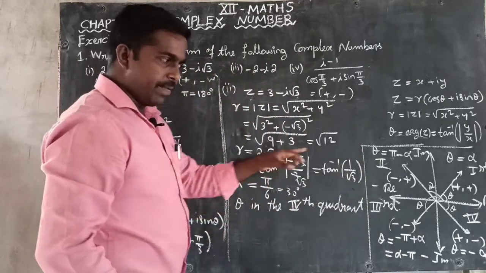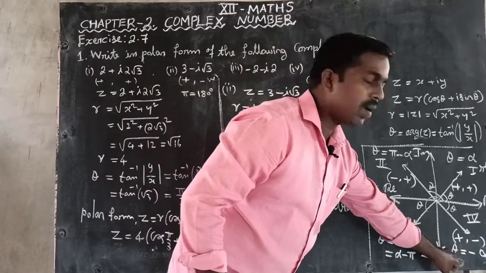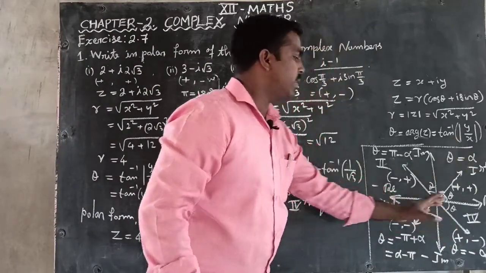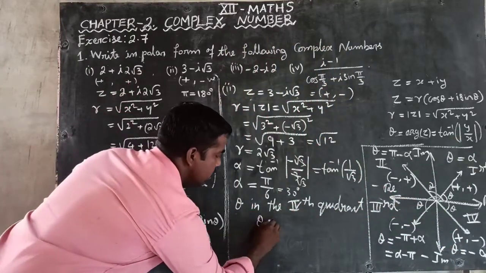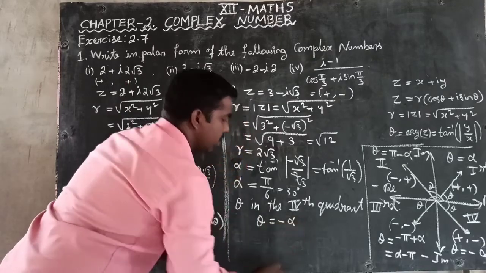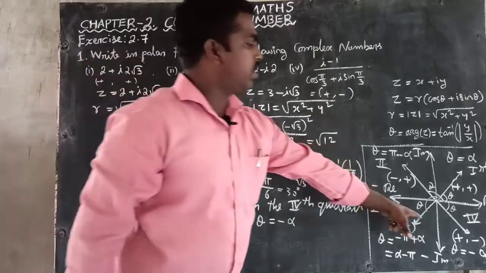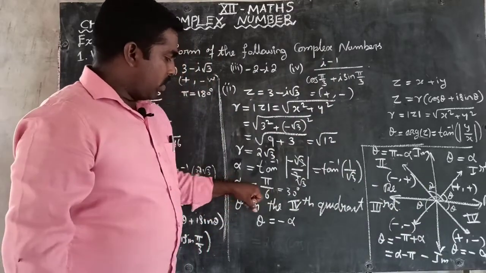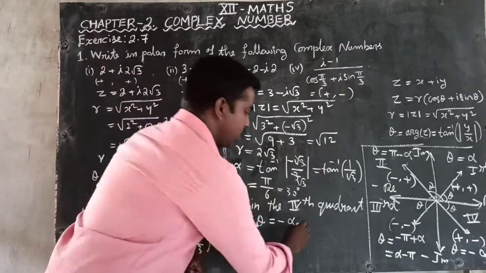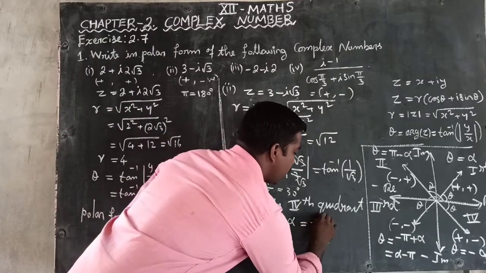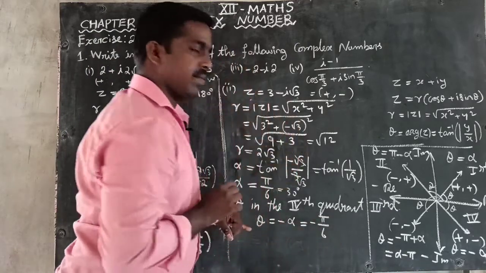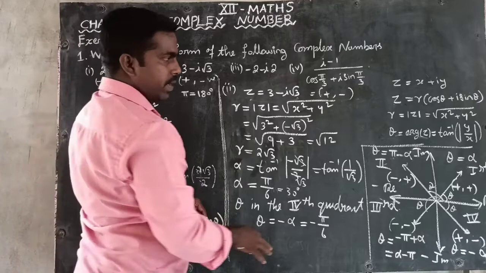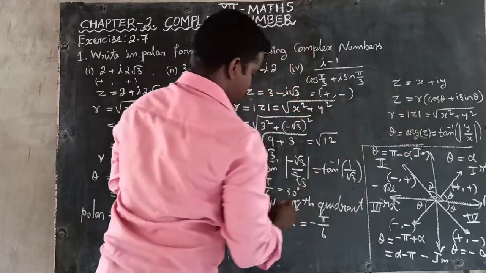If the angle in the fourth quadrant, the formula is theta is equal to minus alpha. This is the formula for fourth quadrant. So we have the alpha value is pi by 6. So minus pi by 6. Finally we can substitute in the polar form.